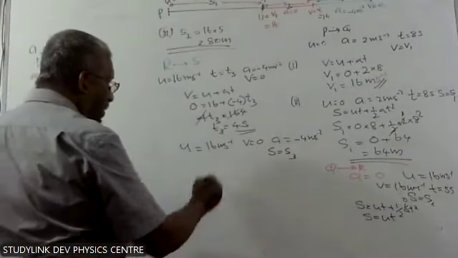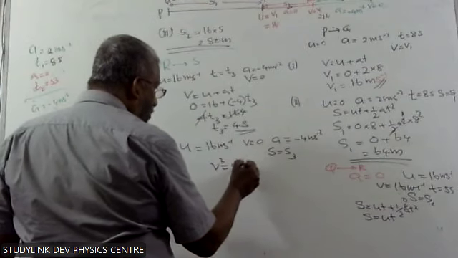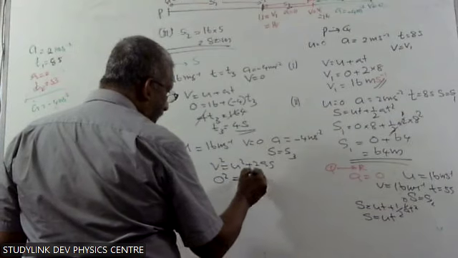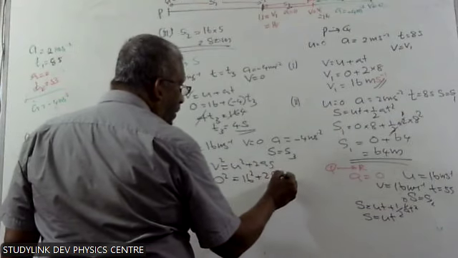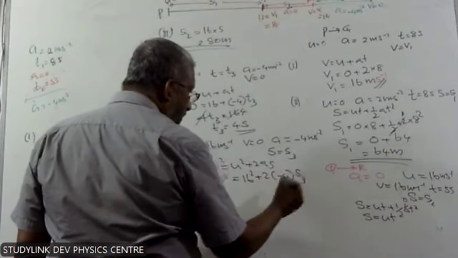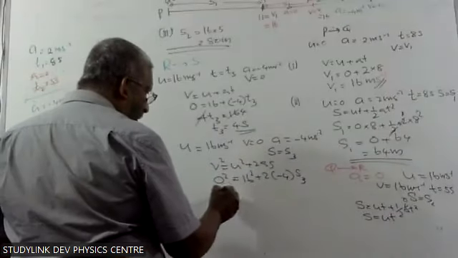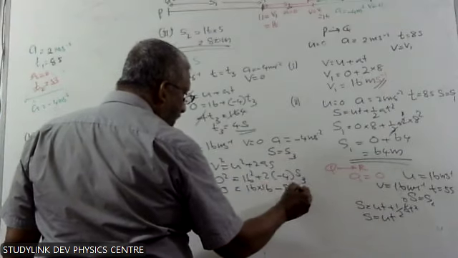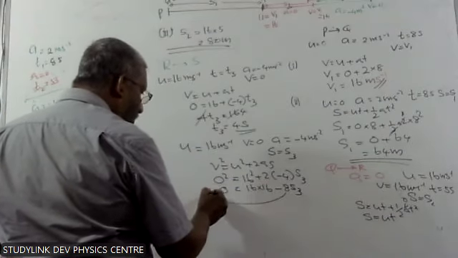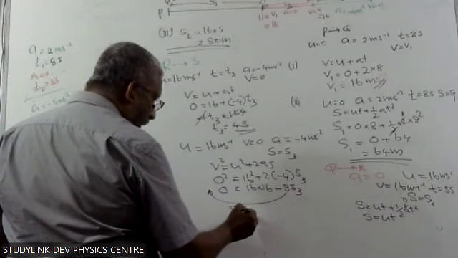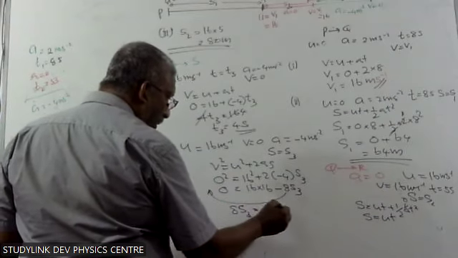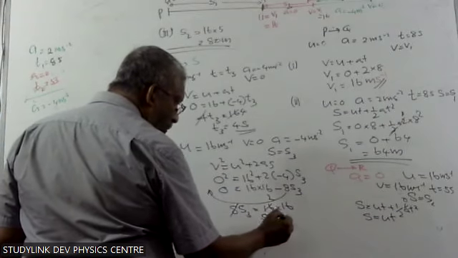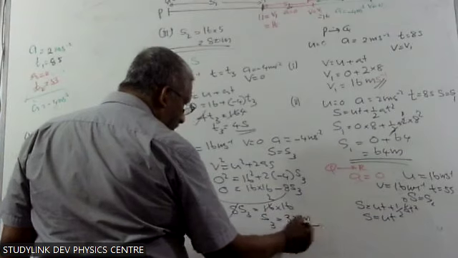Then we can use v squared is equal to u squared plus 2as. 0 squared is equal to 16 squared plus 2 into minus 4 into S3. Then 0 is equal to 16 into 16 minus 8 S3. So this can be taken to the other side. 8 S3 is equal to 16 into 16. 8, 2. Then S3 is equal to 32 meters.